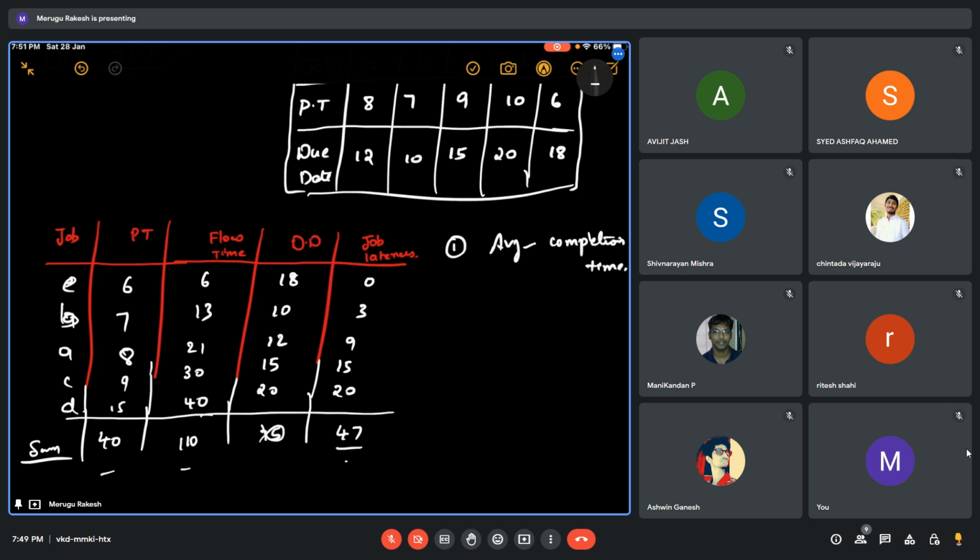That is nothing but the summation of flow time divided by the number of jobs. So this 22 days is the average completion time according to this shortest processing time rule.